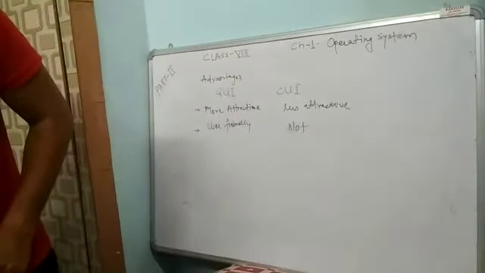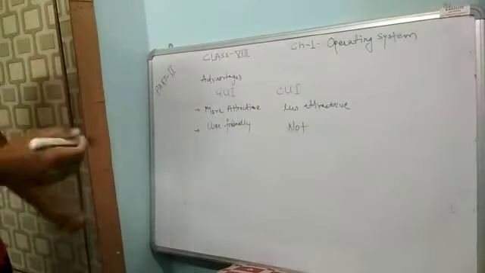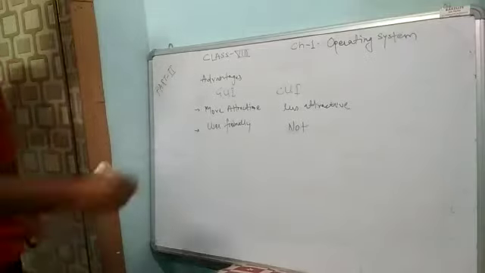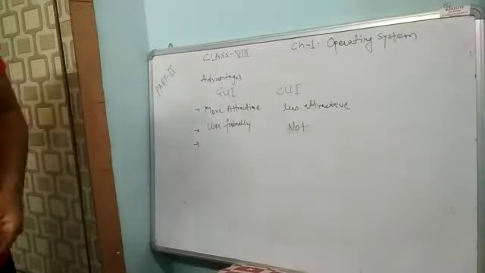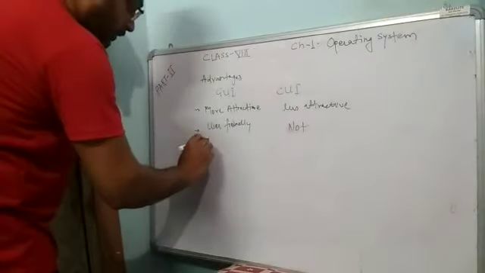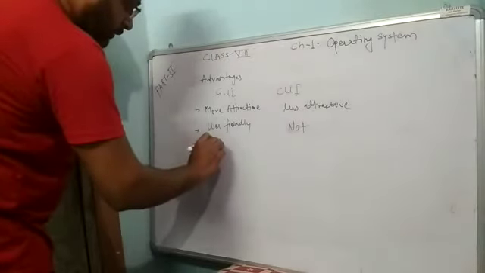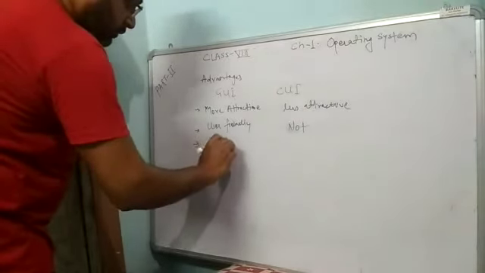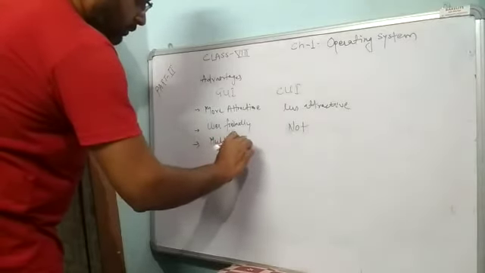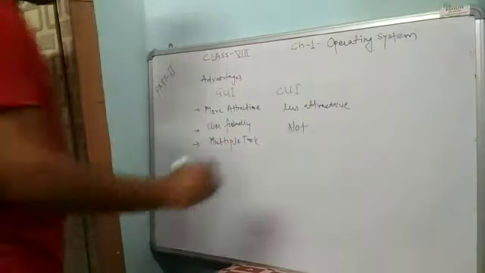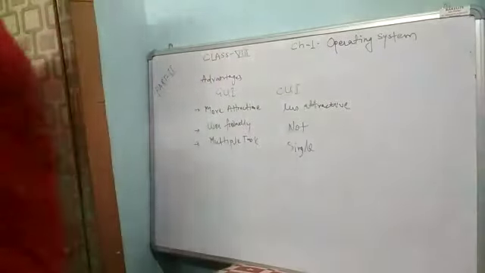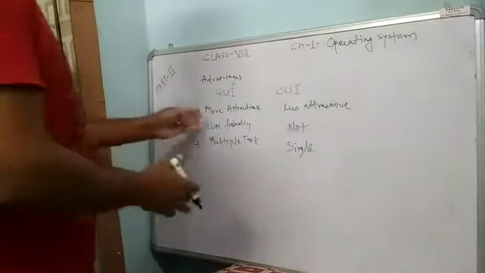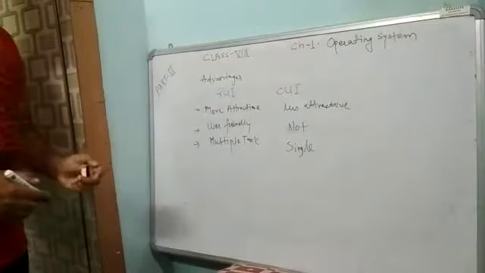The third one is multiple tasks, whereas CUI allows a single task. This is the major advantage of GUI over CUI.